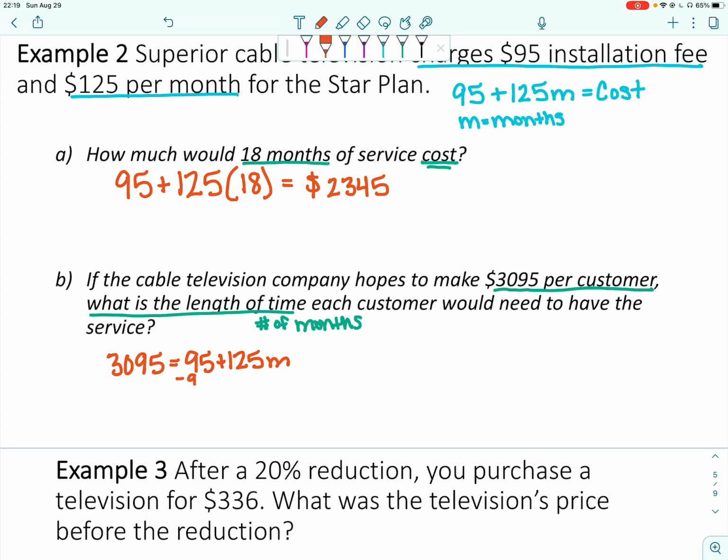So I'm going to start by subtracting 95 because I want to get rid of this numerical term. So I have 3,000 on this side and 125M on this side. Divide both sides by 125.